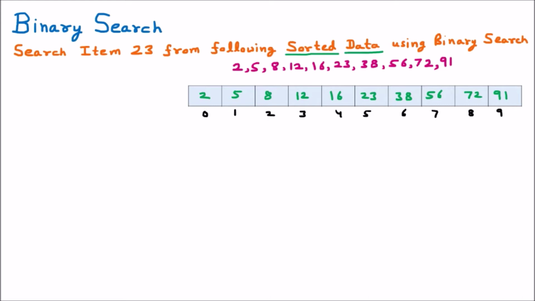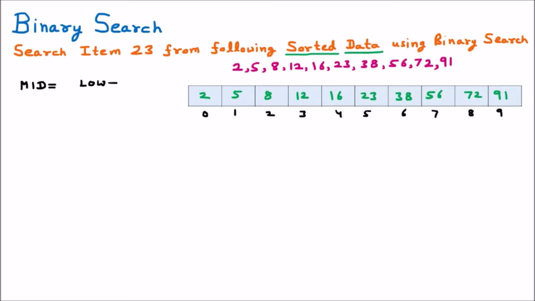The algorithm of binary search says that we have to find the middle place. Middle place means I am indicating that it is the mid. To find the mid, there is a formula: first of all we take the low and then we take the high.